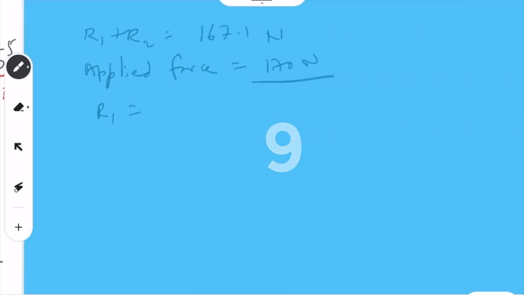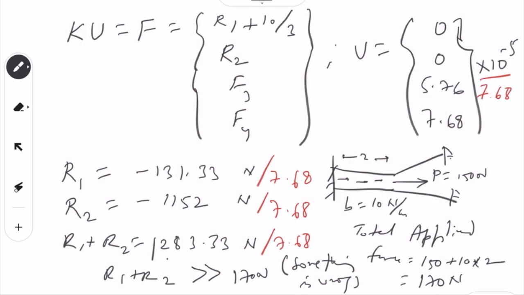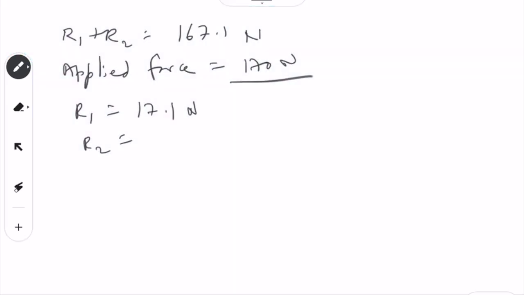So we have 17.1 Newton, and R2 we have 1152 divided by 7.68, that is equal to 150. So we have this 150 Newton.